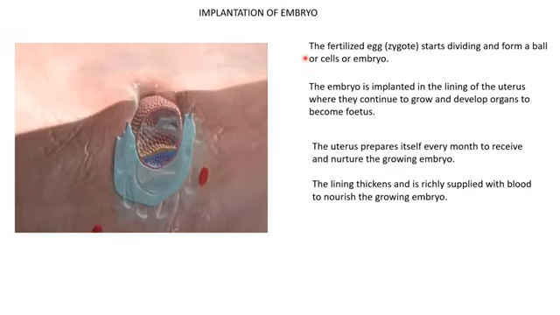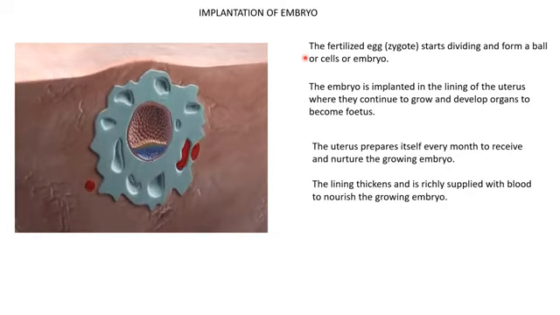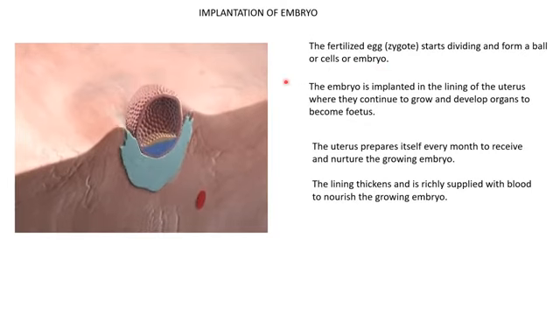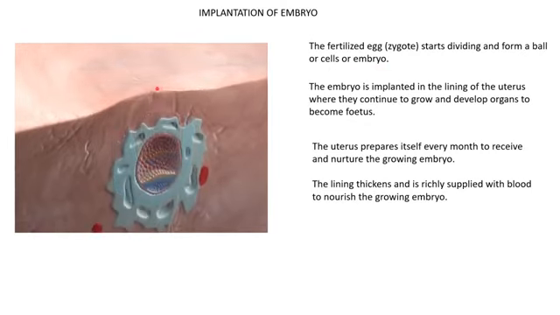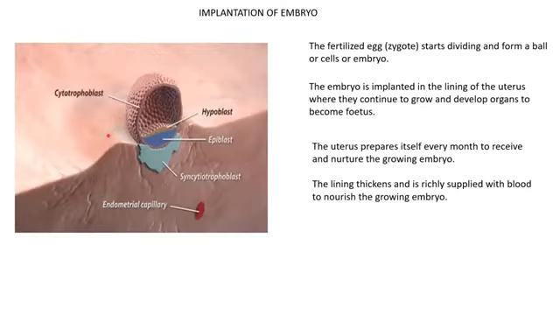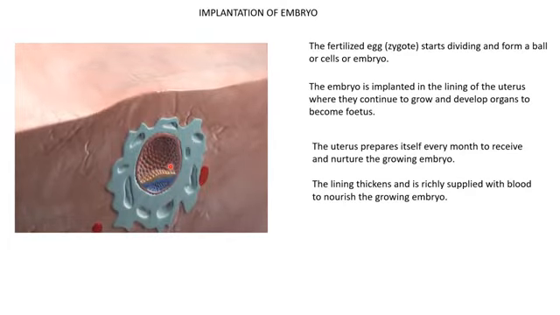When the zygote starts coming towards the uterus, the walls are already thickened, and the embryo is implanted in the walls of the uterus. After it gets implanted, it starts dividing.